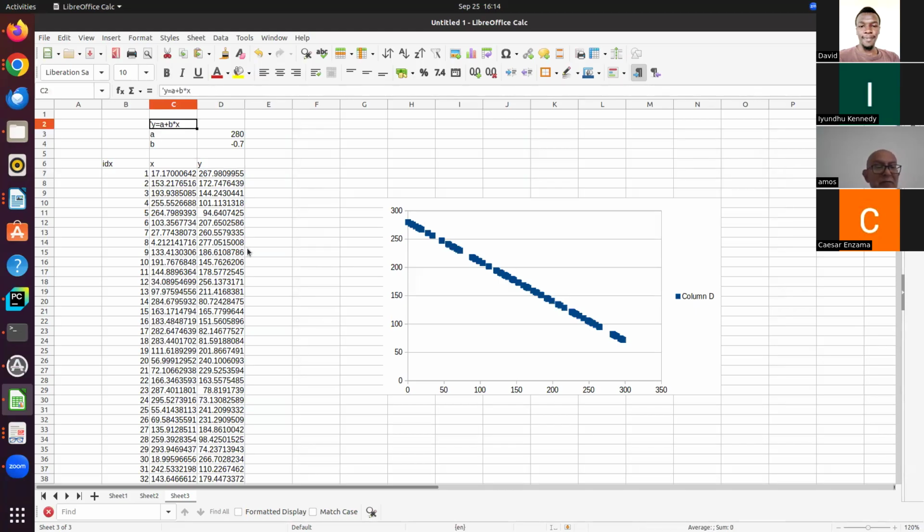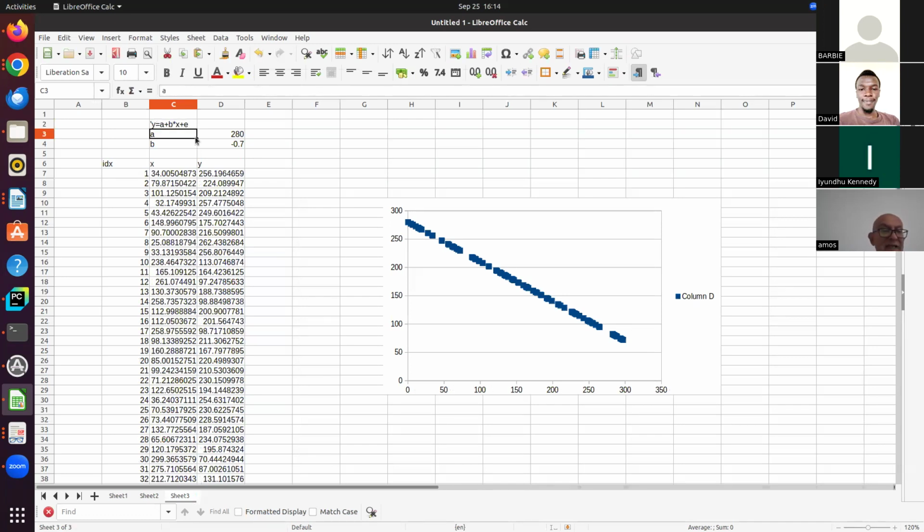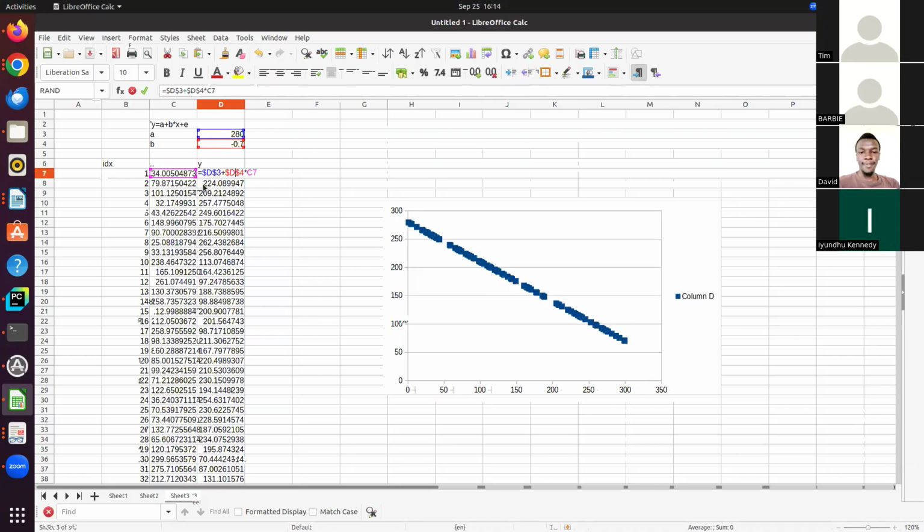But if I want to make the Y not exactly follow this equation, I can add some noise here. I will call it plus some noise, and the noise can be generated with randomness. What do I mean by that? Let's say now this Y will not be exactly this equation, but we will add some random number.